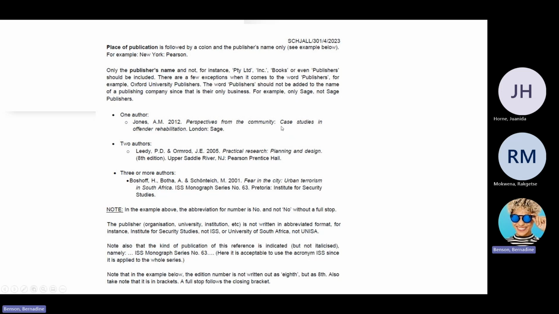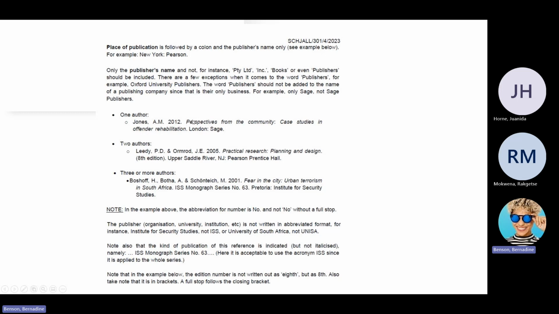Let's talk about sentence case and capital case. You will see that in this entry the first letter is a capital, and directly after the colon, there is a capital. In the next entry, the first letter is a capital, and directly after the colon, there's a capital. Now, this is one style of doing it.